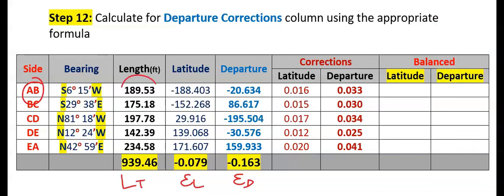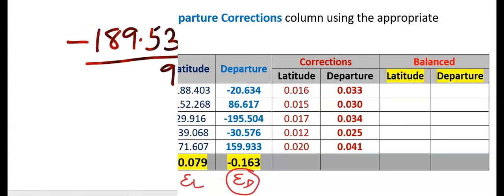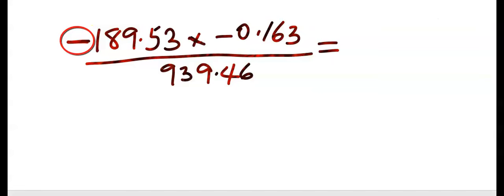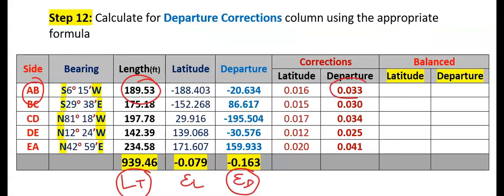For AB, we're going to consider the length, and we're going to consider the sum of the errors of the departure, and we're going to consider the total length. Remember, this minus is in the formula, and this minus came with the total sum, and this becomes 0.033. That's how we obtain this.